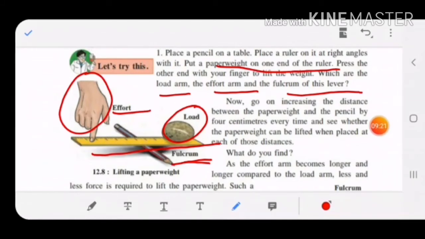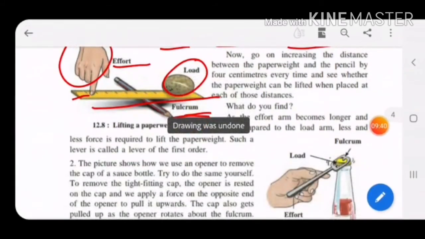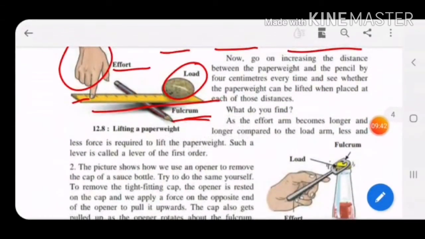Increase the distance every time. See whether the paperweight can be lifted when placed at each of those distances. What do you find? As the effort arm becomes longer and longer compared to the load arm, less and less force is required to lift the paperweight.